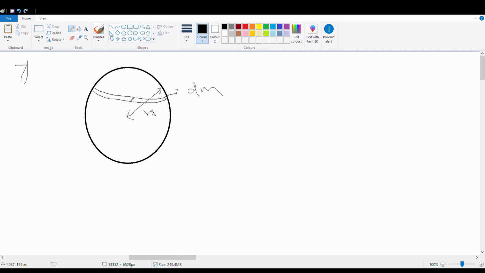So the length of this would actually be equal to, so we are going to have a theta over here, and the perimeter of this would simply be equal to 2 pi r naught, but sine theta is going to be there.